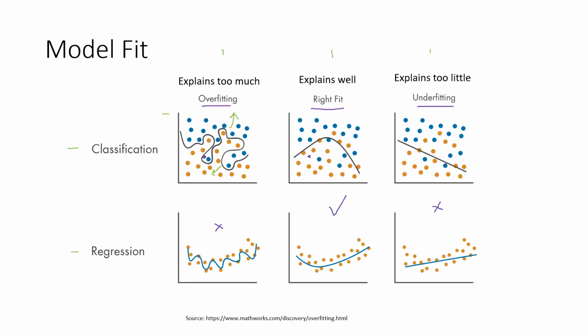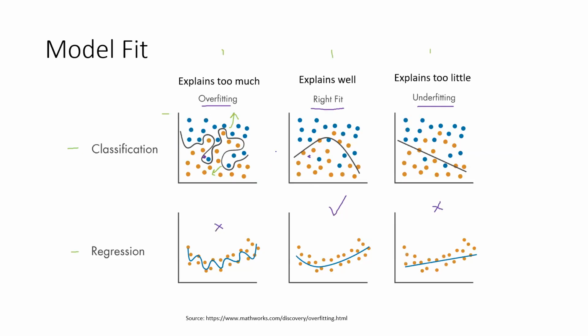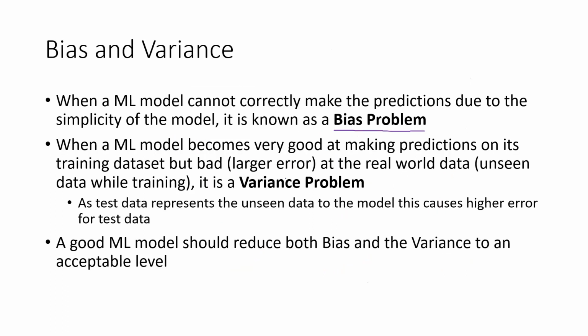In the case of overfitting, suppose this is an 8-degree polynomial, it has too many parameters, and too many parameters would increase the variance, which creates this overfitting problem known as the variance problem.